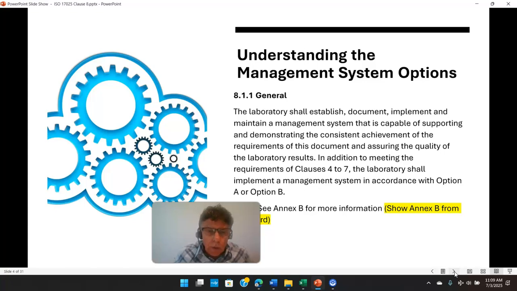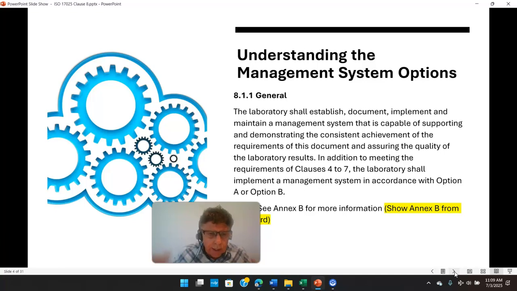However, when it comes to clauses 4 through 7, it is completely different from ISO 9001. There may be a little bit of overlap, but for the most part, clauses 4 to 7 are the specific requirements to meet for ISO 17025 when it comes to generating laboratory results, whether you are a calibration laboratory, a sampling laboratory, or a testing laboratory.